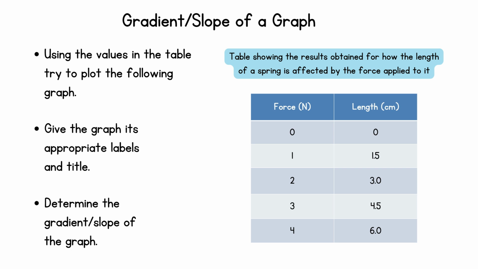So from the beginning, we have to determine which one of these would be our independent variable and which one would be our dependent variable. Did you come up with it? What is the cause and what is the effect?